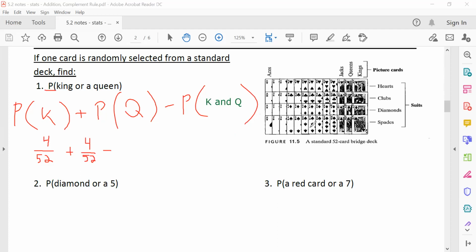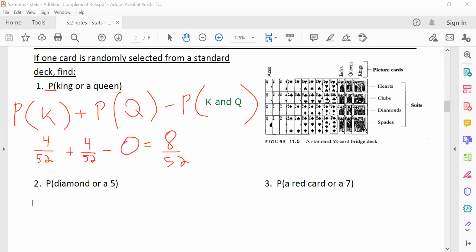There's no card in the deck that is both a queen and a king. It's impossible. So these are actually mutually exclusive events. So we could have just ignored this part had we already known that, but it doesn't make this formula wrong. This formula is still perfectly correct for any or probability. It's just that sometimes this will just be 0. So we get 8 over 52, and you can compute that to whatever decimal place you like.